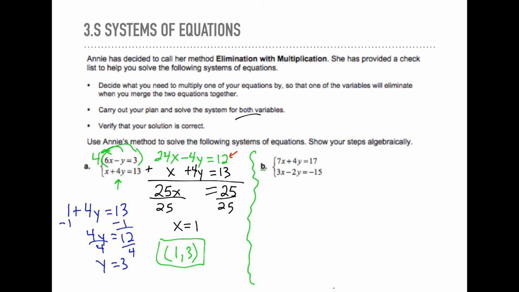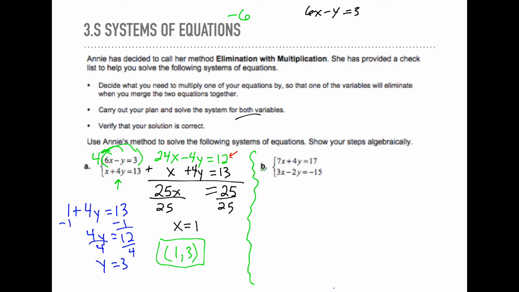Yeah, I absolutely could have multiplied it by negative 6. So let me rewrite that top equation as 6x minus y equals 3. But this time, my bottom equation, I'm going to multiply everything by a negative 6.